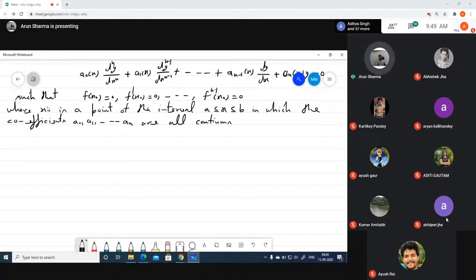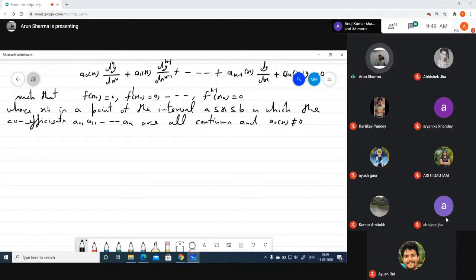This time I am taking a homogeneous equation, such that this solution exists. So we are trying to find the solution. They are all continuous and a naught x is not 0.